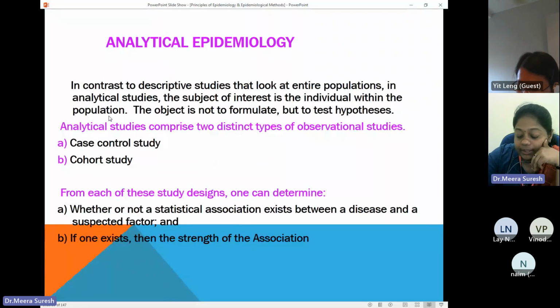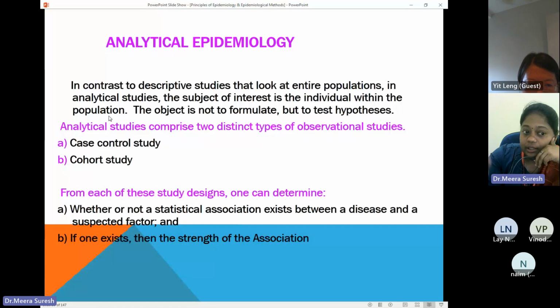Here also we take a group of people, like the cross-sectional or ecological study, but we go through the results of each individual person, so the unit of study is the individual, not the population. The population as unit of study belongs only to ecological study.